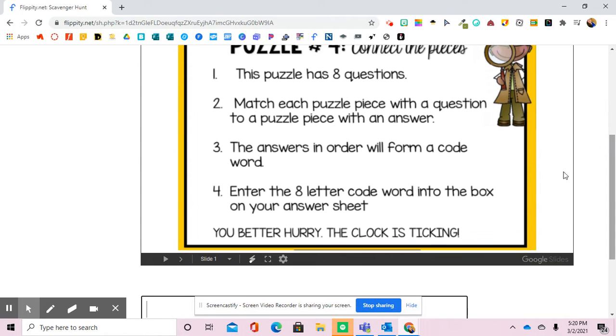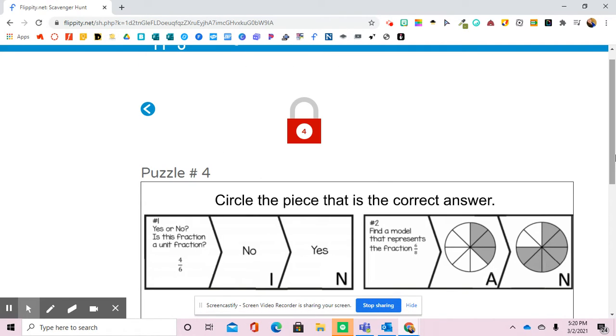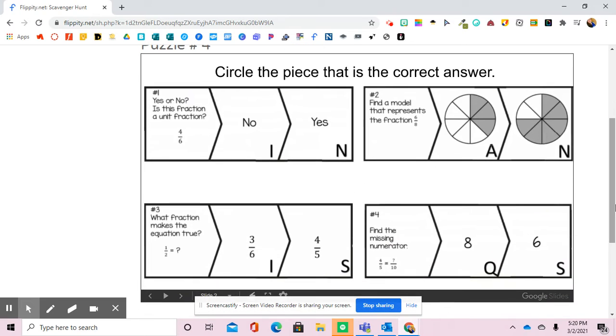And for this, there are questions, and one of them is right and one of them is wrong. So they're going to circle the one that is correct, and they're going to put those letters in order, 1, 2, 3, 4. So is this a unit fraction, 4/6?